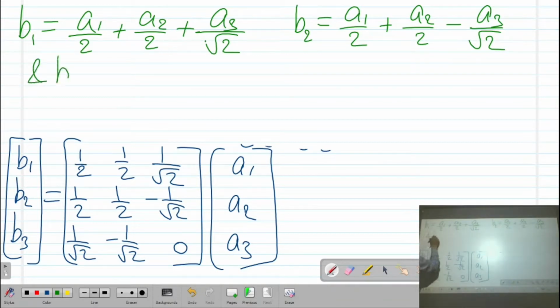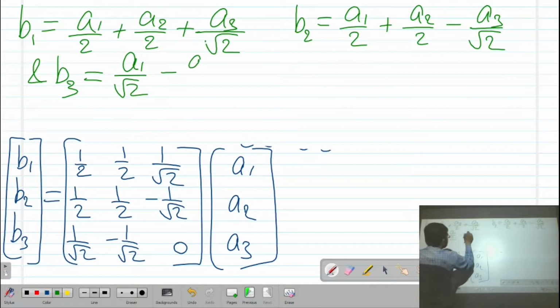And B3 will be equal to A1 by root 2 minus A2 by root 2. Okay? Minus sign is due to this negative sign.